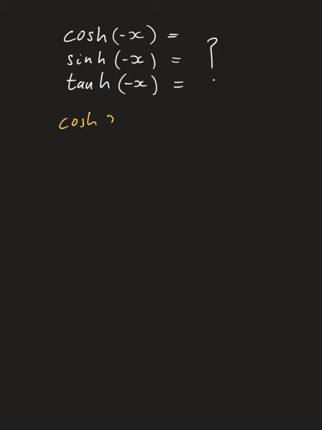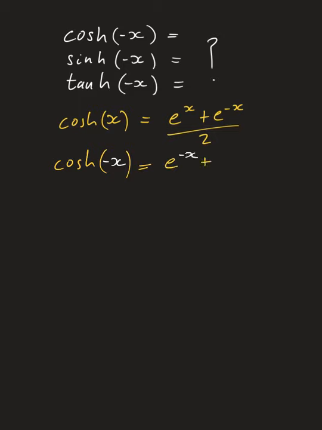Well, cosh of x, you should note by now, is e to the power of x plus e to the power of minus x divided by 2. So cosh of minus x is equal to e to the power of minus x plus e to the power of minus minus x divided by 2.